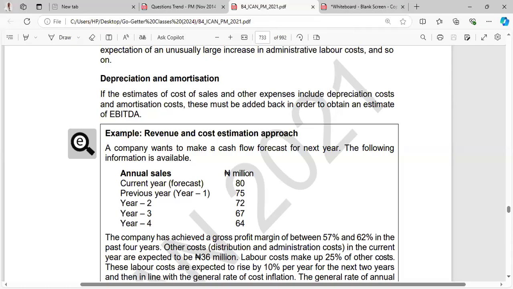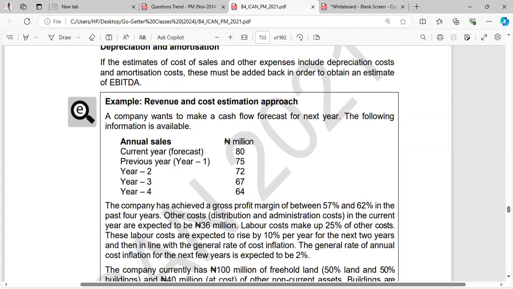Then your other expenses could also be depreciation of some fixed asset like vehicle and other furnitures and all that are non-factory oriented. Those ones could be under your other items. So whatever case it is, you need to bring those depreciation or amortization and add them back so that you can estimate your EBITDA.